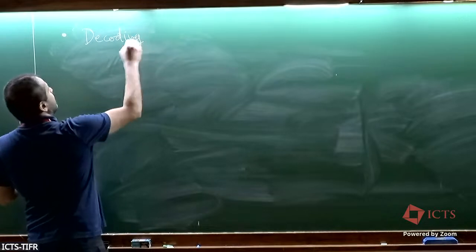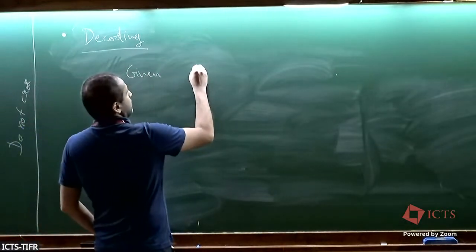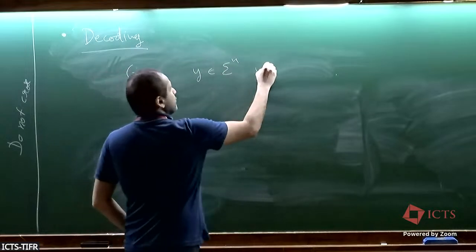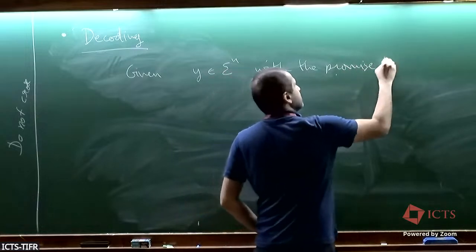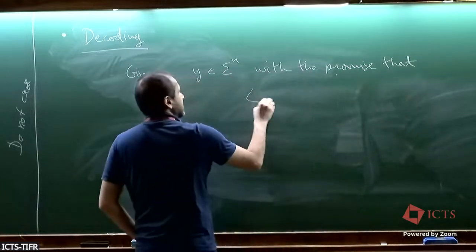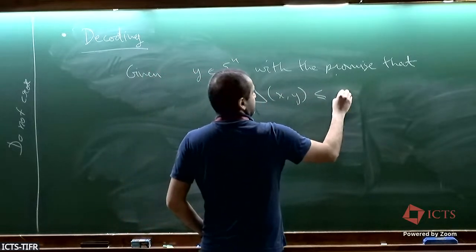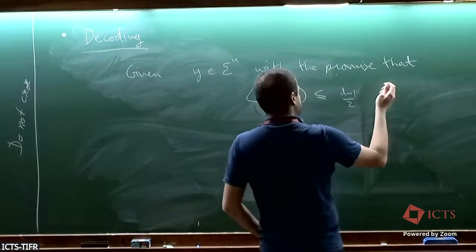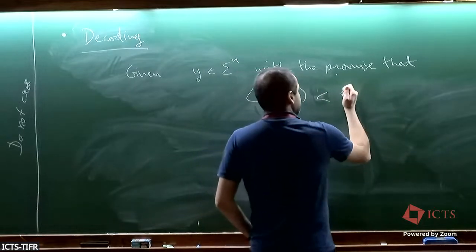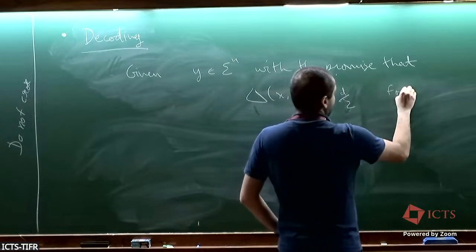Decoding. This is another algorithmic question. You are given y in sigma to the n with the promise that delta of x, y is less than d/2 for some code word x.